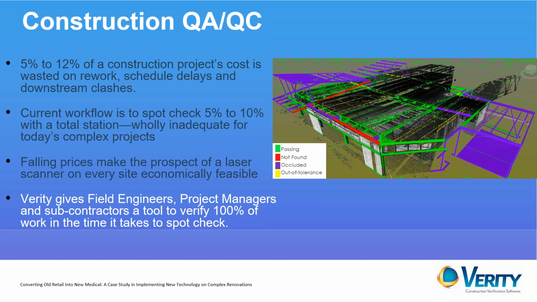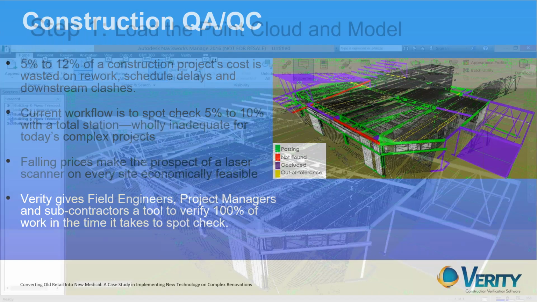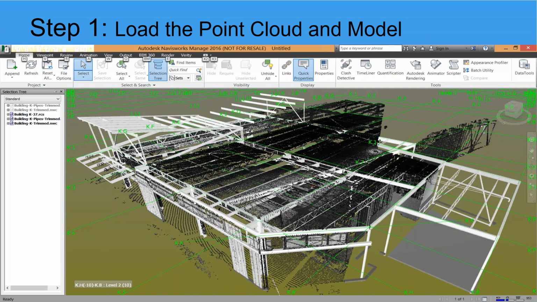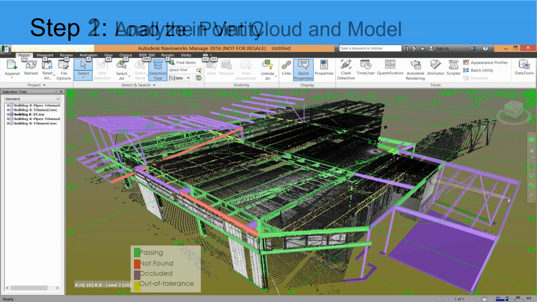We now have the tools to capture that information rapidly and efficiently, and then we have tools to review that information as a first pass and present it to you so that you can quickly review it and have the human actually make an informed decision. That's really what Verity was designed to do, and it's pretty simple. You bring the point cloud and the model into Navisworks, as that image that you showed illustrated, right?